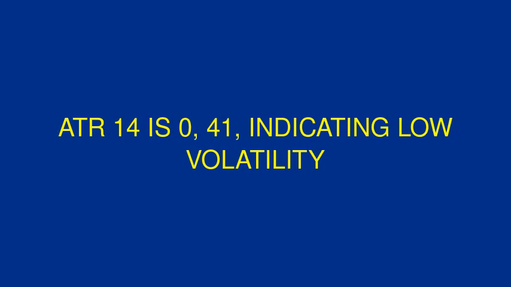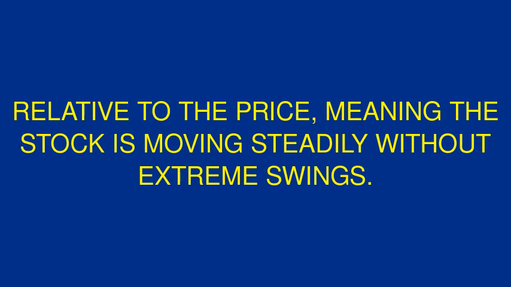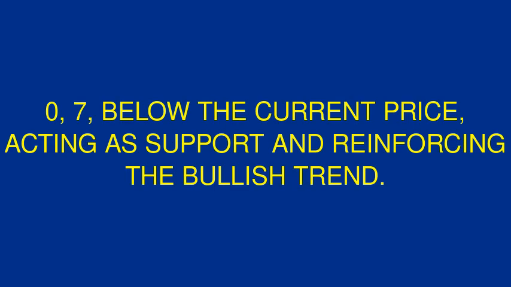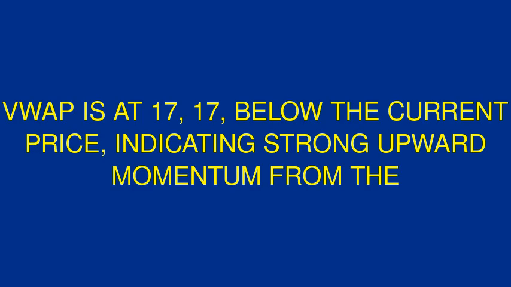ATR 14 is 0.41, indicating low volatility relative to the price, meaning the stock is moving steadily without extreme swings. PSAR is at 17.07, below the current price, acting as support and reinforcing the bullish trend. VWAP is at 17.17, below the current price, indicating strong upward momentum from the average traded price.